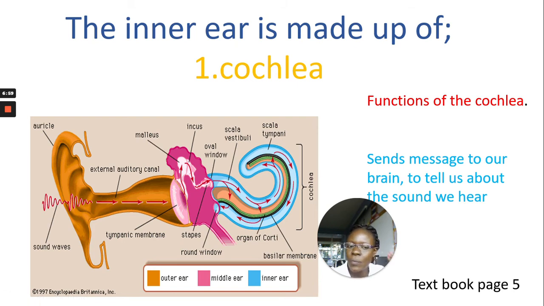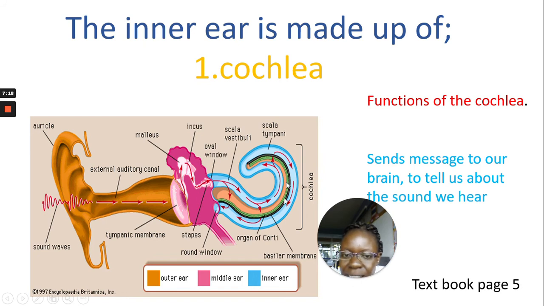When we detect the sound with our ears, it's sent through our nerves to our spinal cord and then to our brain. Then the brain will interpret and send back the information.